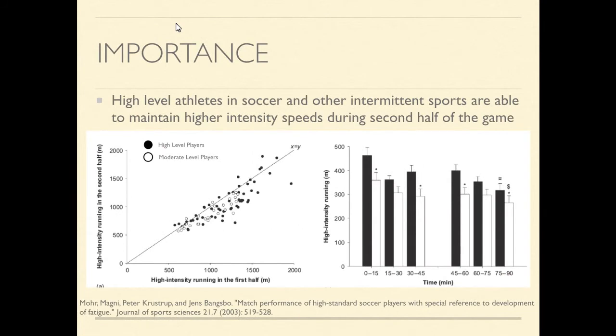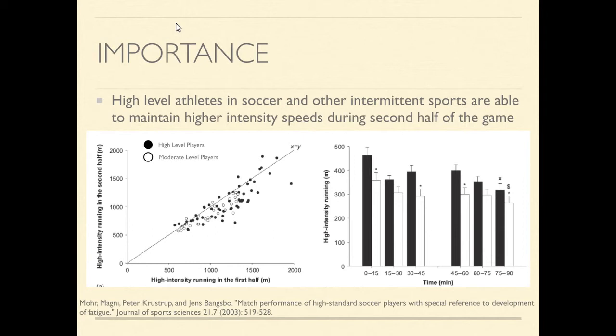So one thing we know is if you look at basically what they're looking at here is essentially high-level players, right? And these are soccer players, intermittent sport, and that's the black group. And you have moderate-level players.